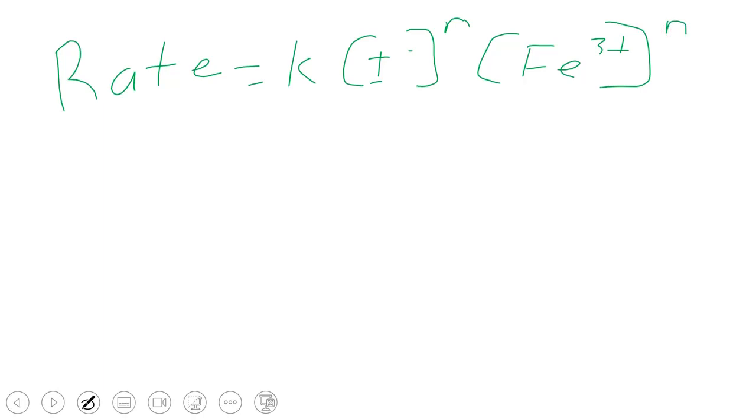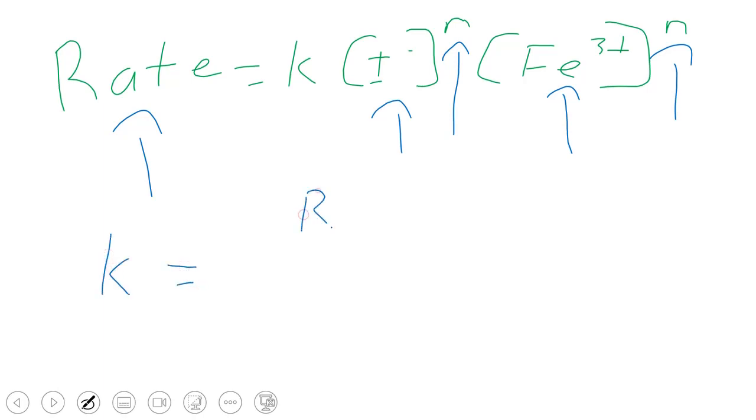Once you know what m and n are, you can plug those values in, along with your rate from each trial and your concentrations of iodide and iron, and rearrange this algebraically.